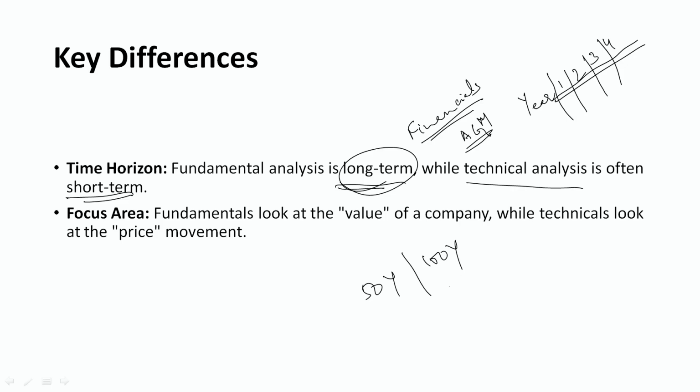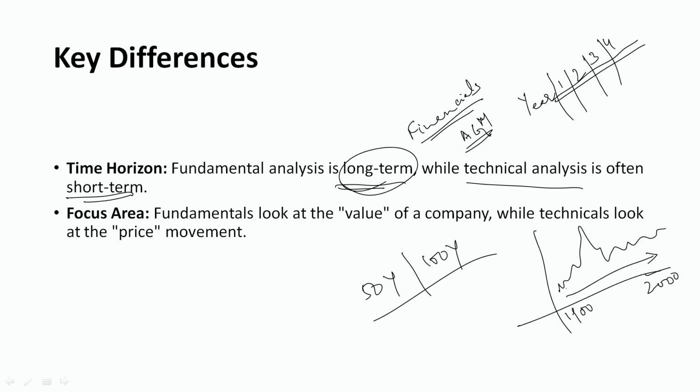So, what happens is I just plot a graph from say 1900 to 2000. So, I can have a long term perspective, and within this long term perspective, this could be on a yearly basis, monthly basis, daily basis, timely basis, whatever I want I can divide it, and I can see how the stock has behaved from the first year to the second year, then to the third year.